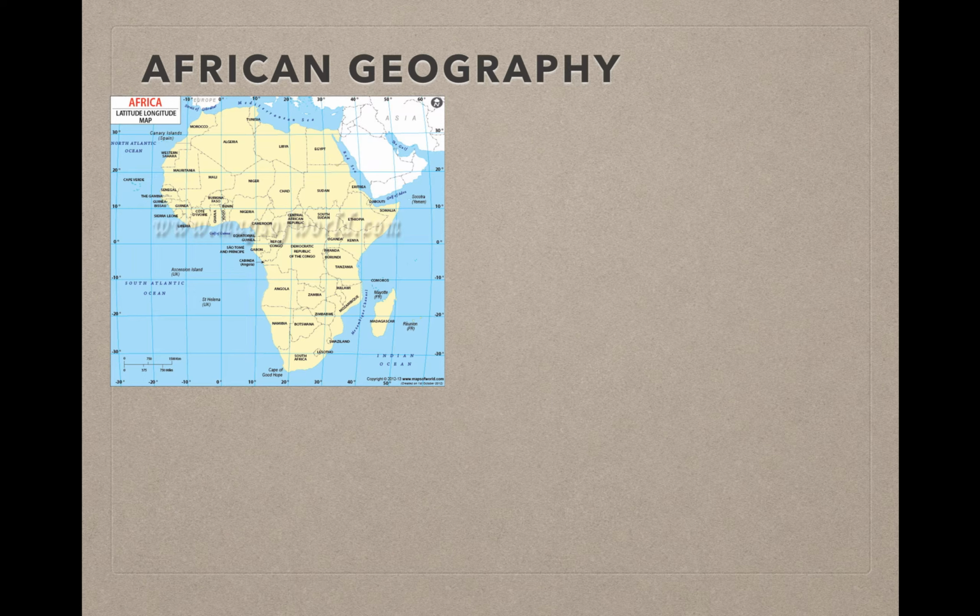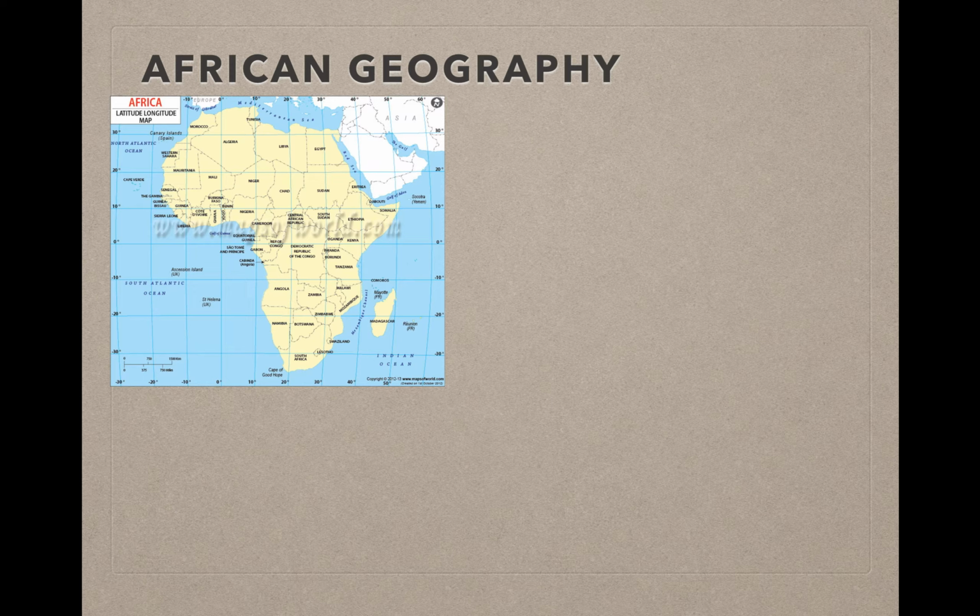So just from a map right here, we can see the longitude and latitude of Africa. Generally, the birth of agriculture, especially in Europe, Asia, and the Americas took place between about 30 degrees and 45 degrees north of the equator, and then later 30 to 45 degrees south of the equator.